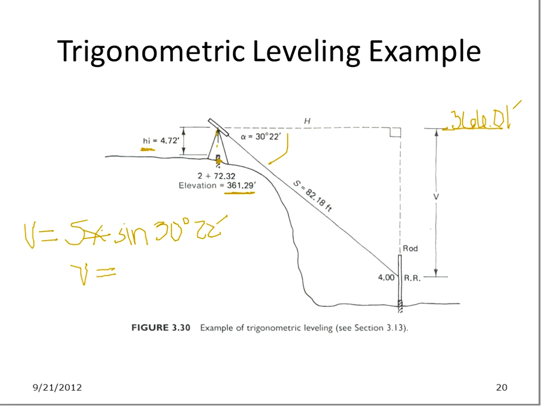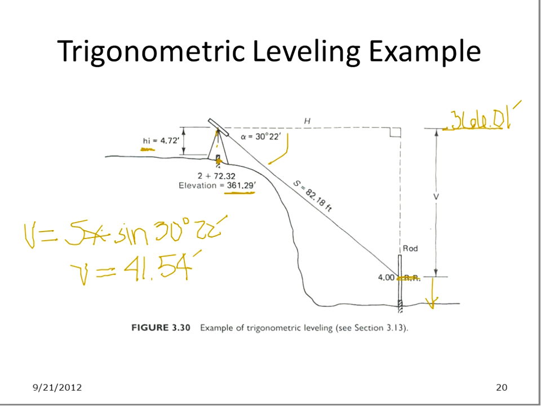We can calculate V. If you calculate V out, that I actually have written down here, that is 41.54 feet. So the distance from here to here is 41.54 feet. And we know here the distance from here to the ground is 4 feet.